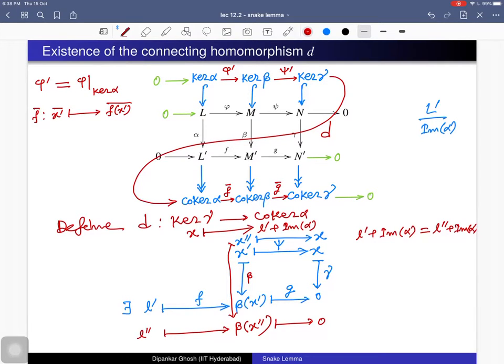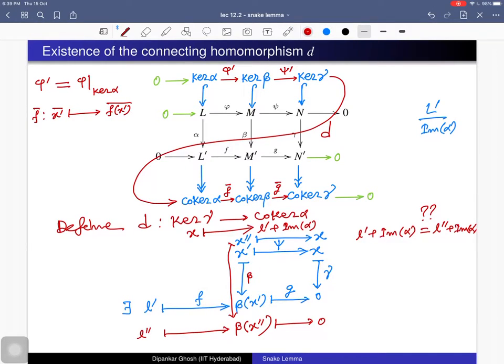So, whether the equivalence class of L prime is the same as the equivalence class of L double prime or not, that we need to verify. And once we verify that, it proves that this assignment is independent of the choices of the pre-images. So, how to verify that?